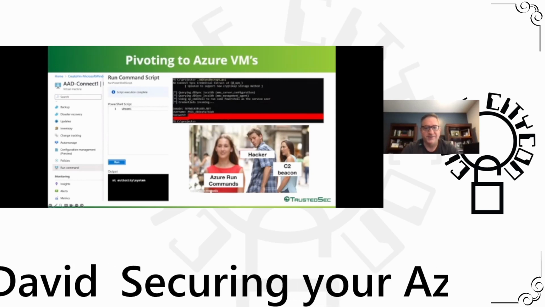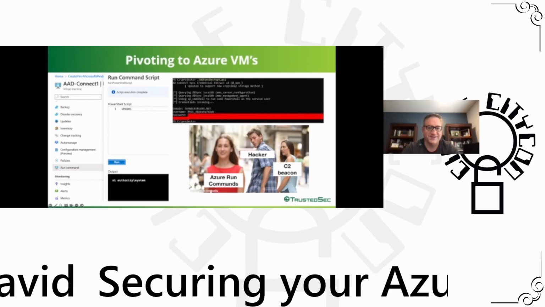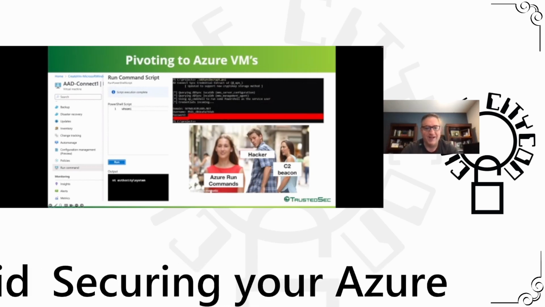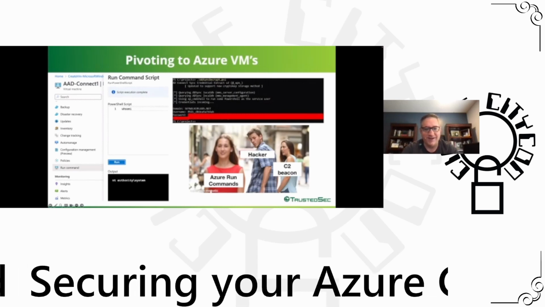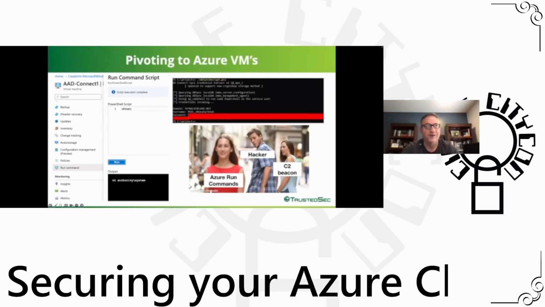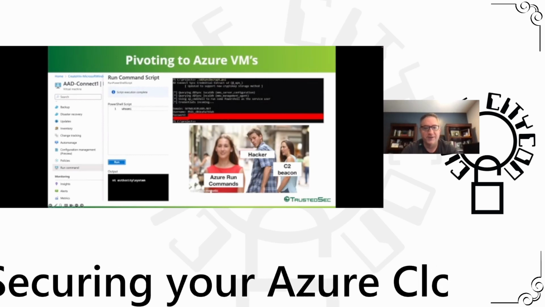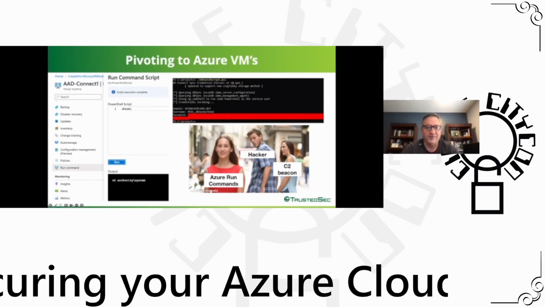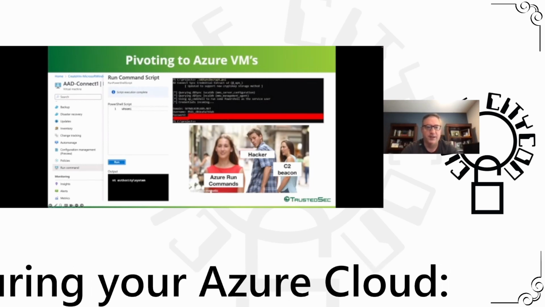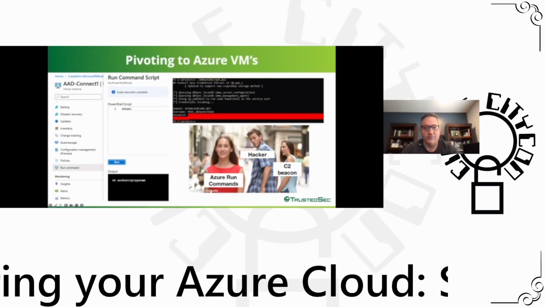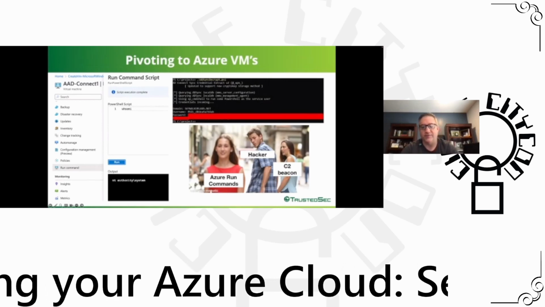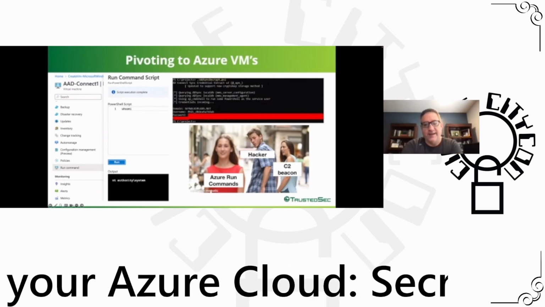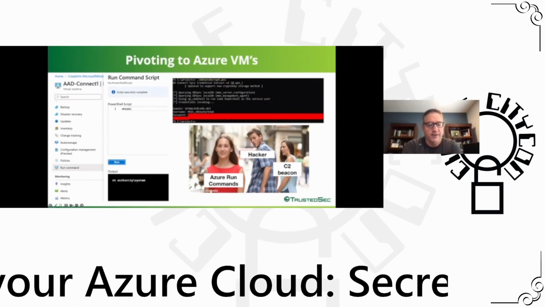One of our security consultants, XPN, wrote this fantastic script called AADInternals ADSyncDecrypt. I have a slightly modified version of it in my repo that supports the 2.x versions of Azure AD Connect. And what it will do is it does some PowerShell magic to get the MSOL account that is running on the Azure AD Connect server. And what this account has is some rights that I'm definitely interested in.